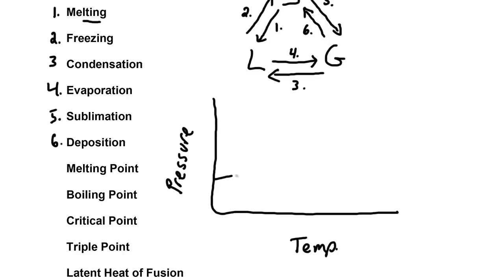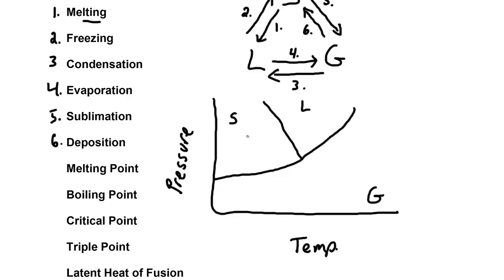Now the pressure and temperature picture is going to look something like this, and we are going to have the solid state, the liquid state, and this is going to be the gas state. Now for a certain pressure and a certain temperature, we can be in the solid state.